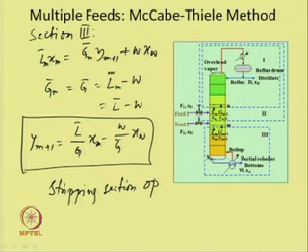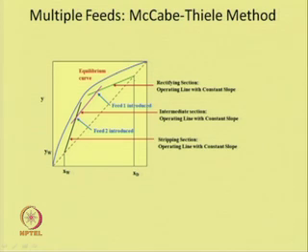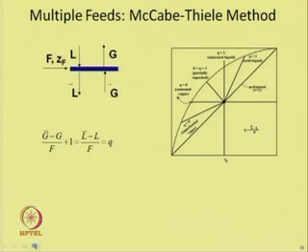For a given reflux ratio, we can plot the operating line for the rectifying section, and then this is for the stripping section and this is for the intermediate section. Now, this intermediate section operating line coincides at two different feed plate locations, and that will be decided from the feed line.